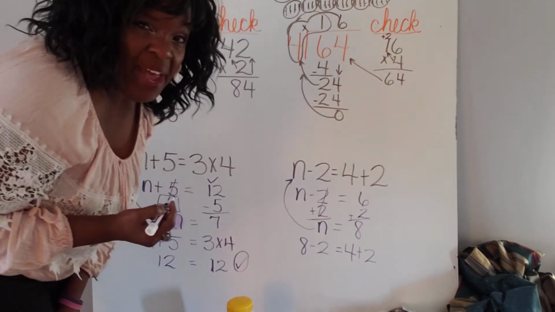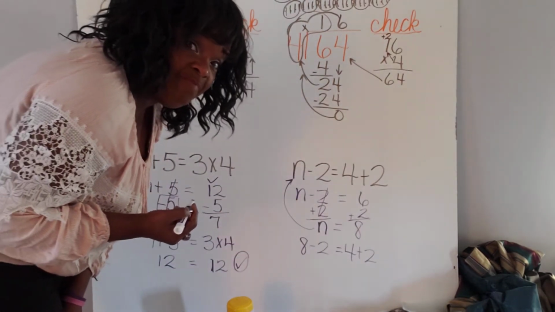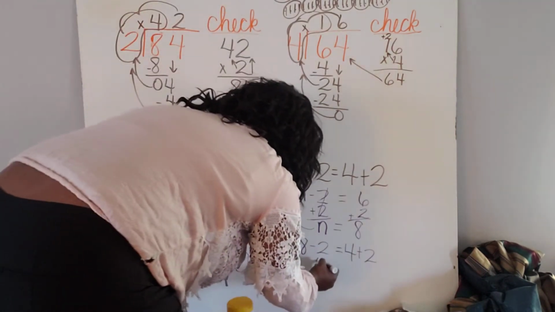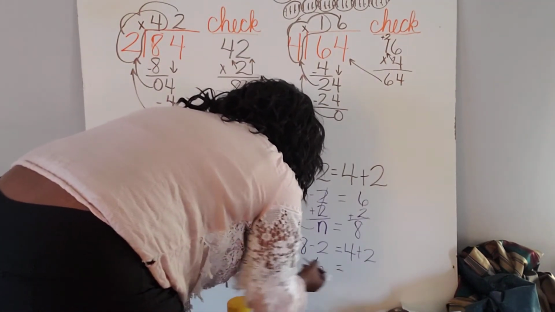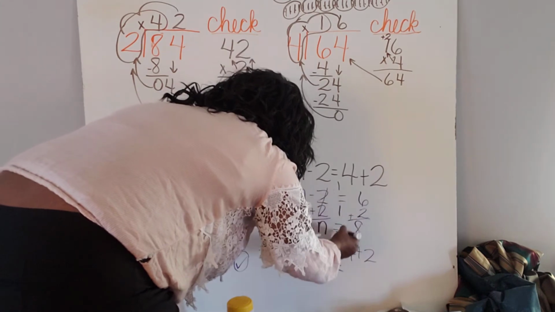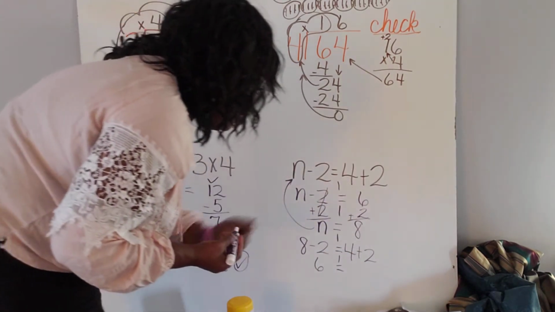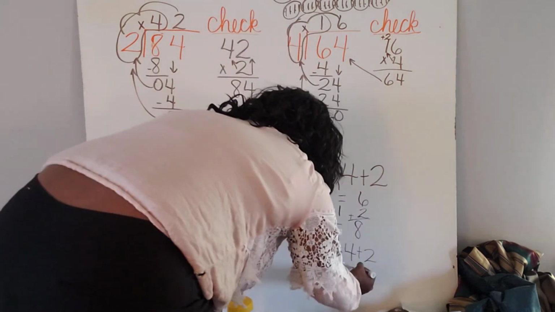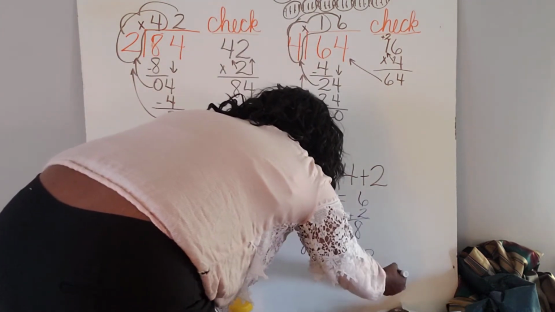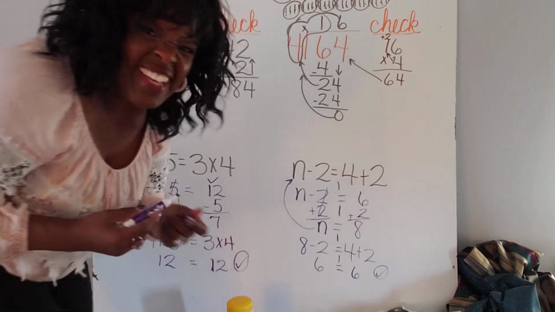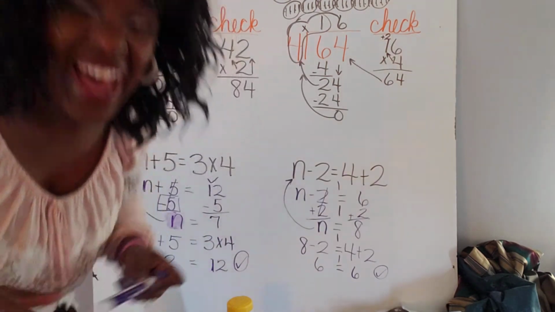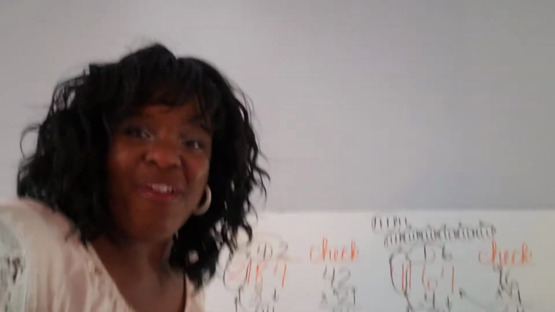What is 8 minus 2? It is 6. And put your equal sign, make it nice and neat. See how they're pretty much right underneath each other? Keep them neat. What is 4 plus 2? That is also 6. So 6 equals 6. We did it. We got it absolutely correct.